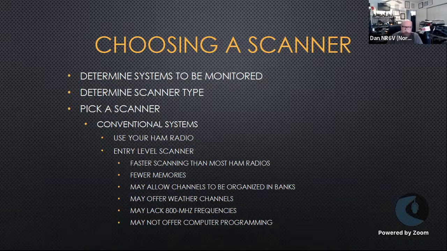Most do. A lot of them have the weather channels built in. Some even have weather alerts built in, so that if there's some kind of alert or warning, you would be notified of that. Most of the entry-level scanners will not do 800 megahertz. So if your local agencies are on 800 megahertz, that may not be the way to go.